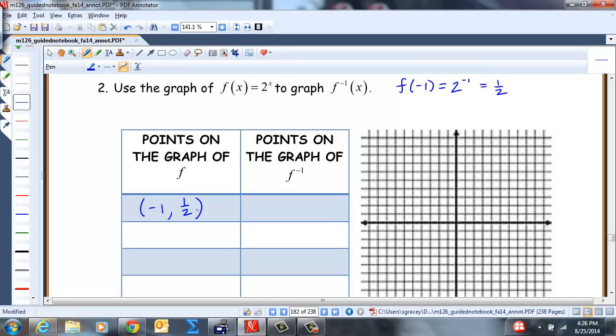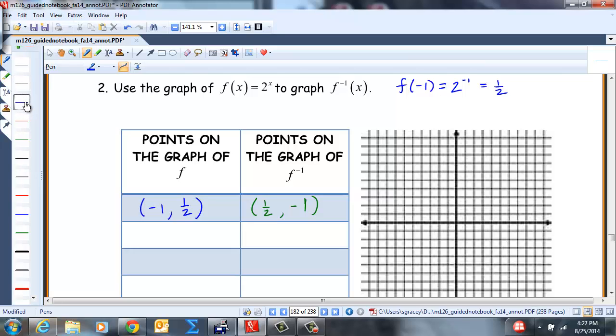So what happens for the inverse function? Good, they're going to flip. They're going to reverse positions. So we'll have the ordered pair 1/2, negative 1 on our inverse graph.